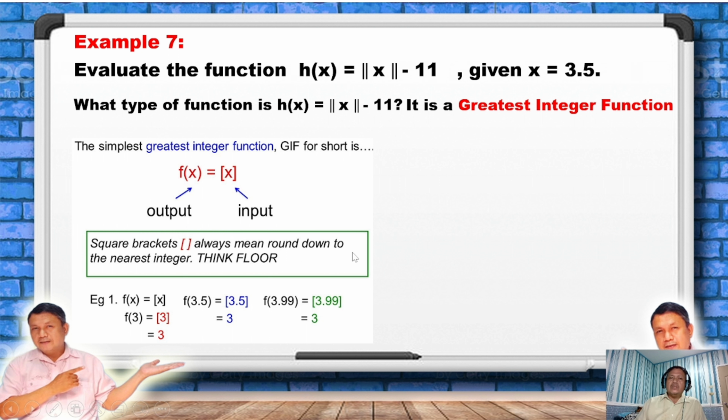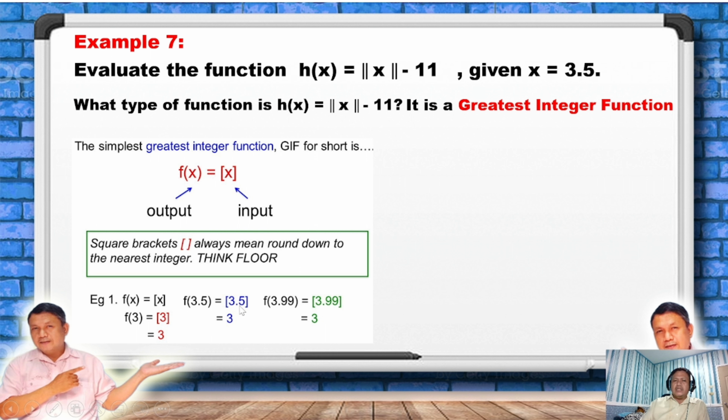Always mean round down to the nearest integer. So, think floor. Okay, ano ibig sabihin? Halimbawa, for example, class. Kapag mga whole number, copy. Same lang po yan. Di ba kagaya nitong example natin? So 3 lang. How about kapag decimal? Okay, 3.5. Kapag decimal at ikaw ay naka-greatest integer, round down.